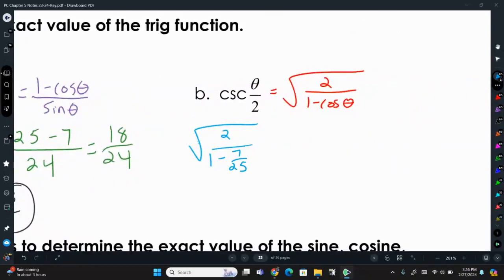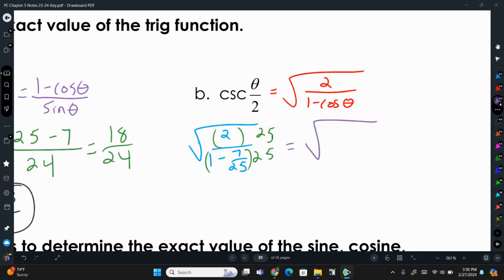Now again, we don't want that fraction in the denominator, so if I multiply the top and bottom by 25, if I multiply this by 25 and this by 25, it's going to just reduce it down to a single fraction, which we can hopefully manage a little bit better.